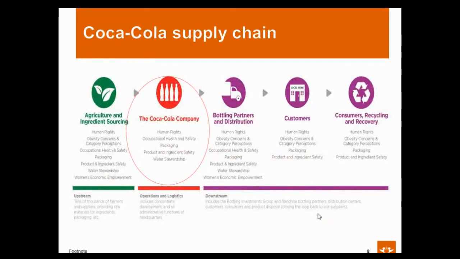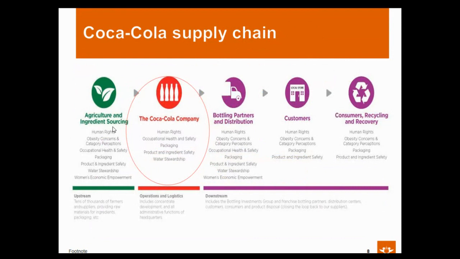So let's look at an example. I have an example of a basic supply chain, which is the Coca-Cola supply chain. If you think of Coca-Cola, they're the main company within the delivering of Coca-Cola beverages.